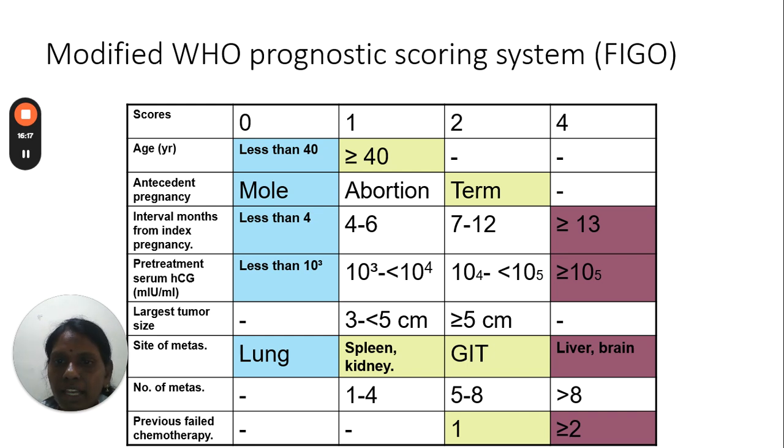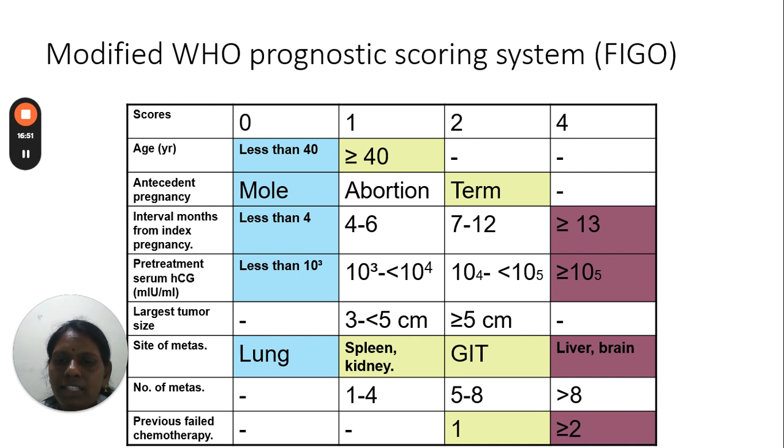Interval from index pregnancy: less than 4 months 0, 4 to 6 months 1, 7 to 12 months 2, more than 13 months 4. Pre-treatment HCG level: less than 10 to the power of 3, 0; 10 to the power of 3 to 10 to the power of 4, 1; 10 to the power of 4 to 10 to the power of 5, 2; above 10 to the power of 5, 4. Largest tumor size: 3 to 5 centimeters 1, more than 5 centimeters 2.